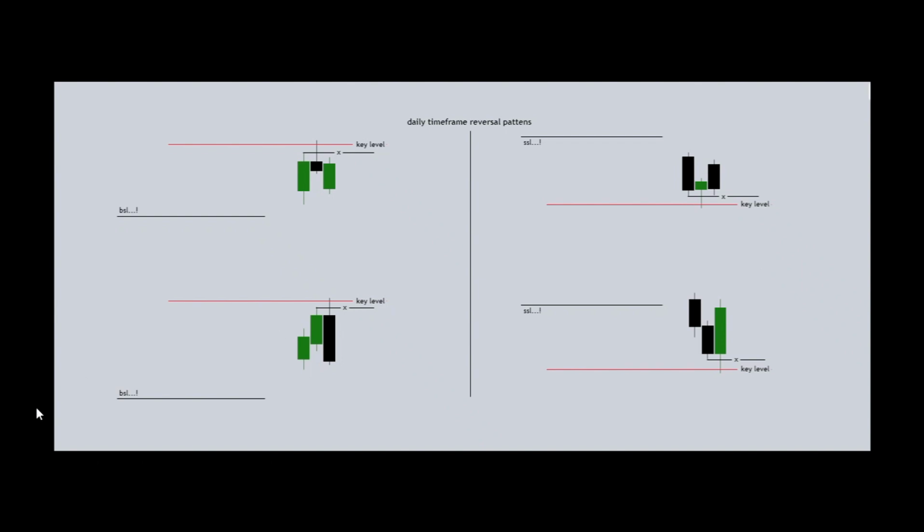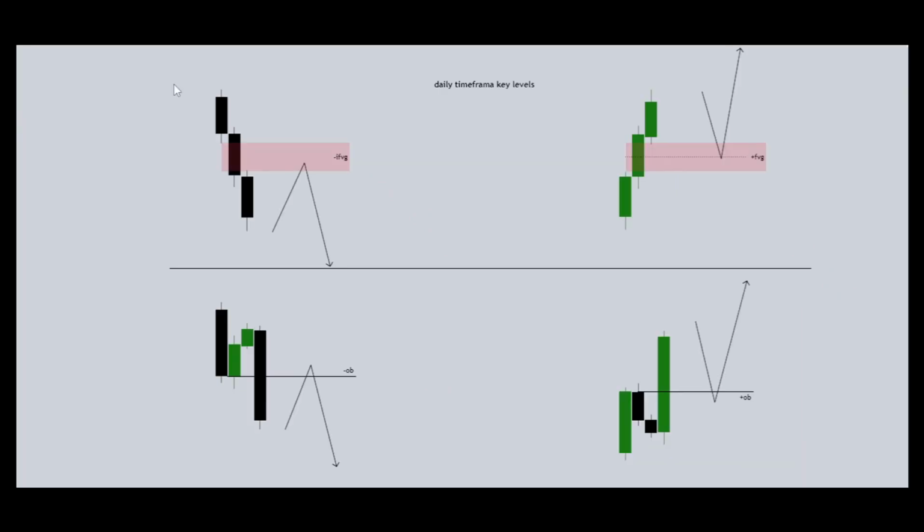So since we've discussed everything that you see in this picture, I want to show you the key levels that I use every single time I take a trade. These are my key levels. As you can see, we have a fair value gap, and then we have an order block.